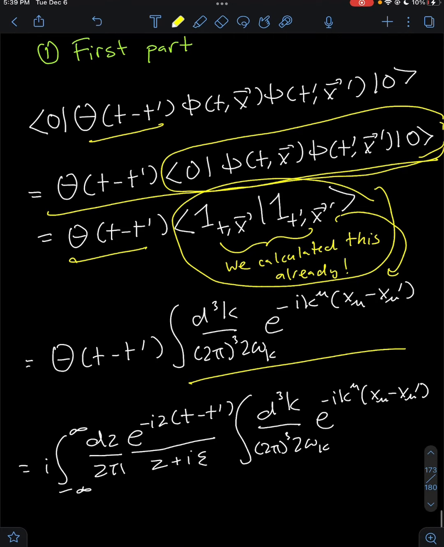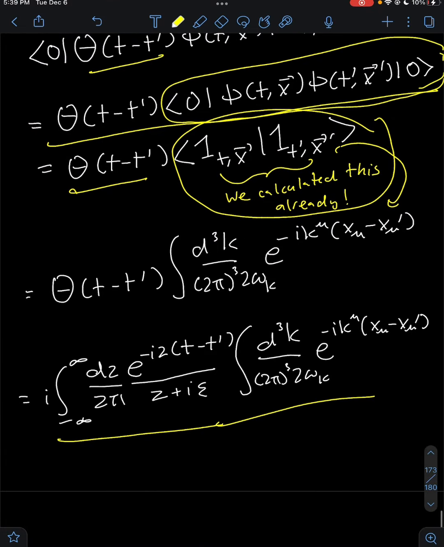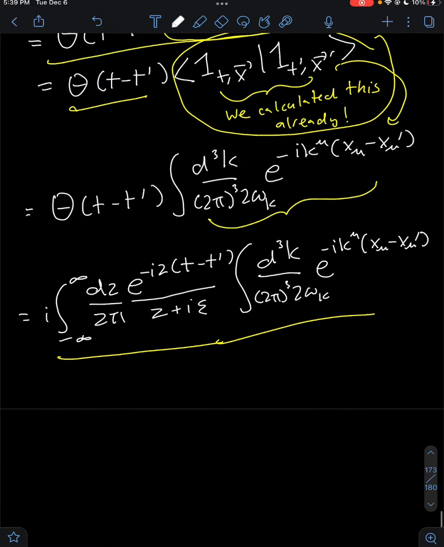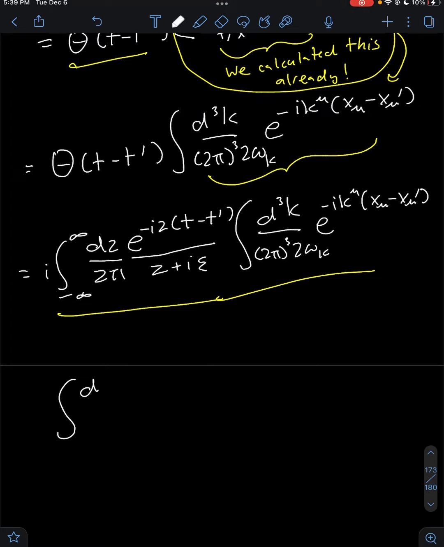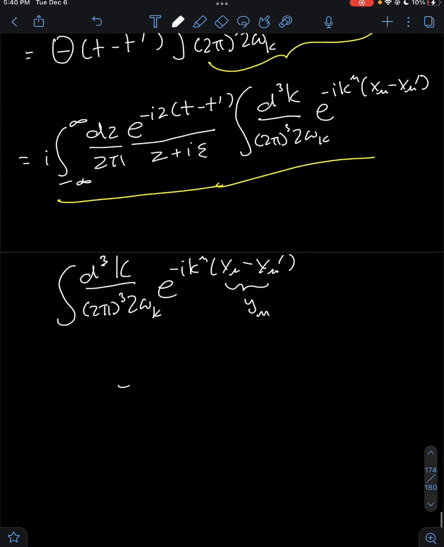Now we can expand the step function and the integral that we saw earlier to get to this over here. We can actually check for ourselves that this is the right inner product, because we can try expanding it out. So what we have is the integral over k of d^3k over (2 pi)^3 2 omega_k, e to the minus i k_mu (x^mu minus x^mu prime). We can call this over here some four-vector y, with the risk of abusing notation.